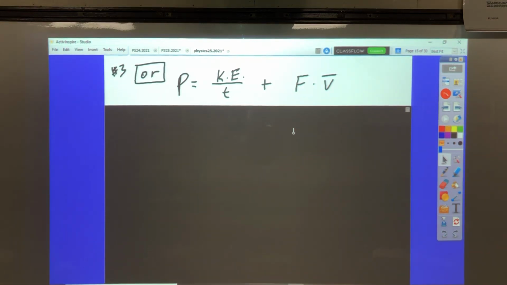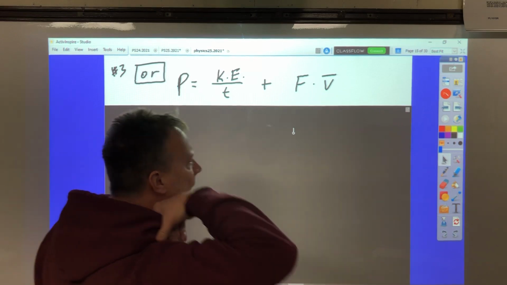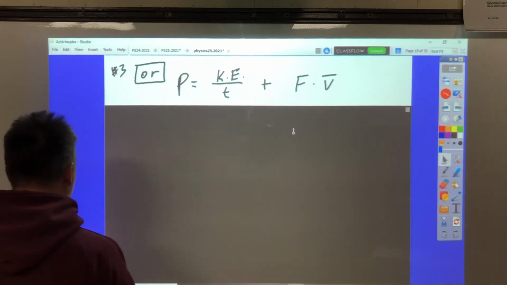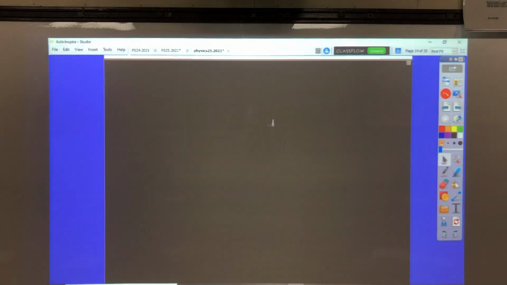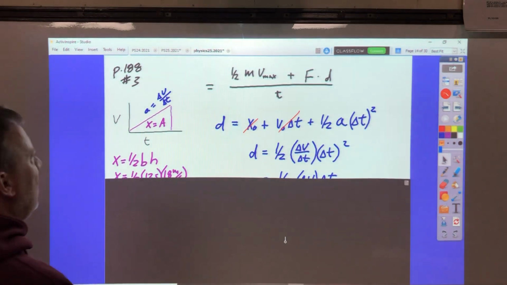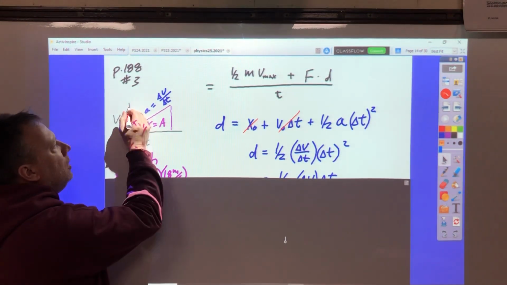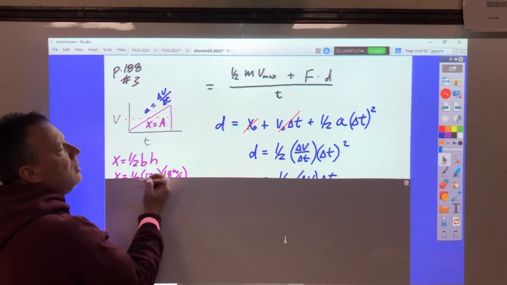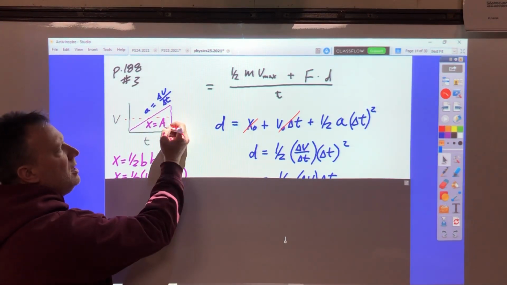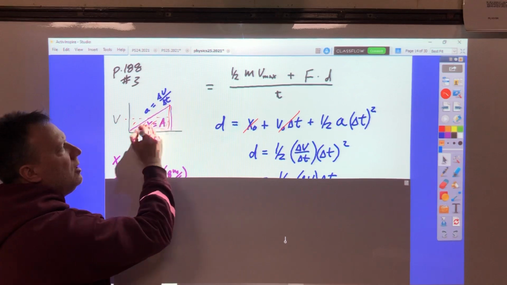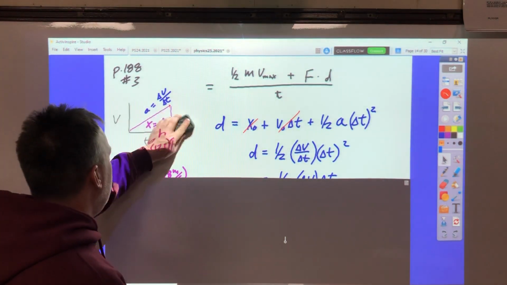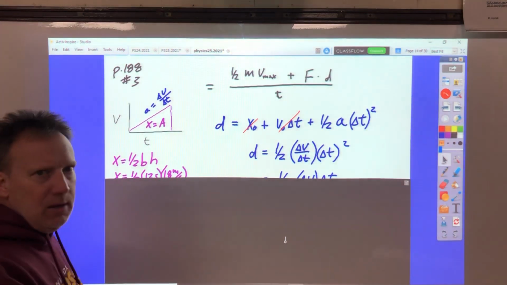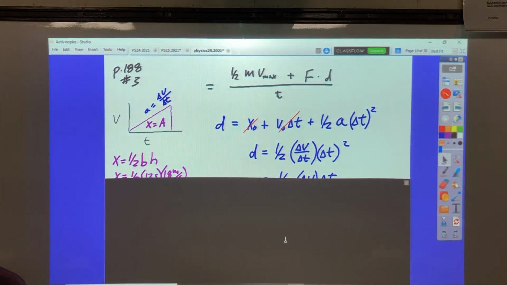You can't use the maximum velocity here because the velocity is increasing like so. And you're not going maximum velocity the whole time. So you actually want the average velocity, and the area under here and the area under here are the same. That would be something experience would tell you. So you can't just stick 18 in there. You got to use the average velocity to do that one.